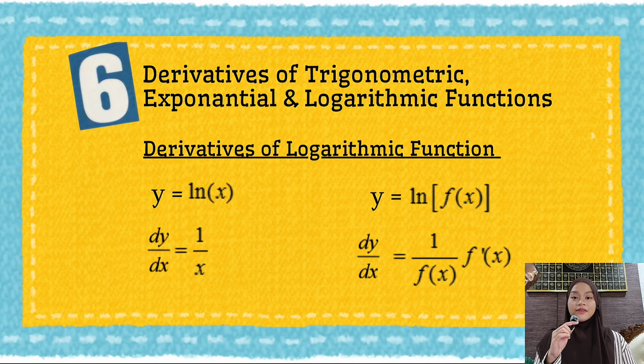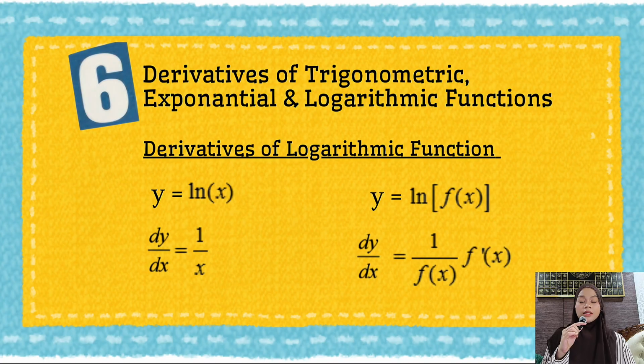And lastly, derivative of logarithmic function. So for derivative of logarithmic function, for example here, we have y equals ln x. So differentiate ln x, you will get 1 over x. But for this other example, which is y equals ln f(x), this example is actually a combination with chain rule.